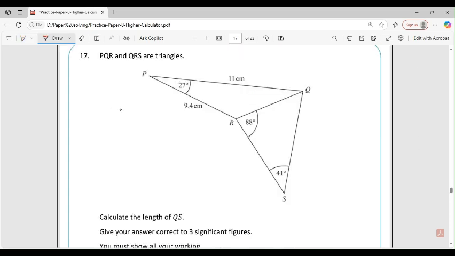Now, question number 17 says PQR and QRS are triangles, and we need to find the value of QS. First of all, we need to find out how much RQ is.